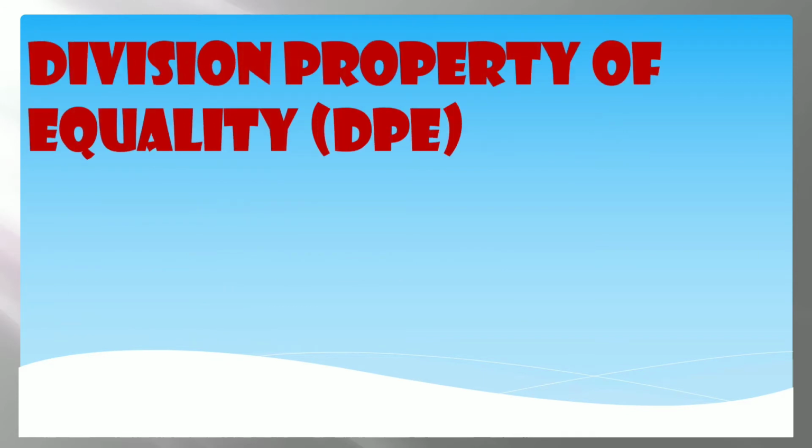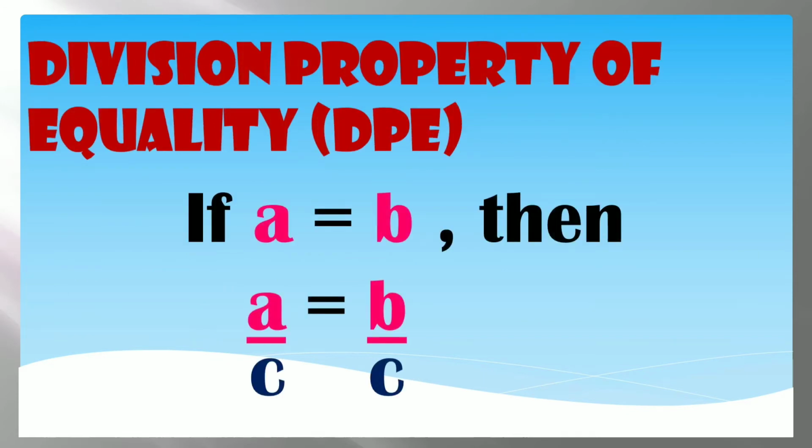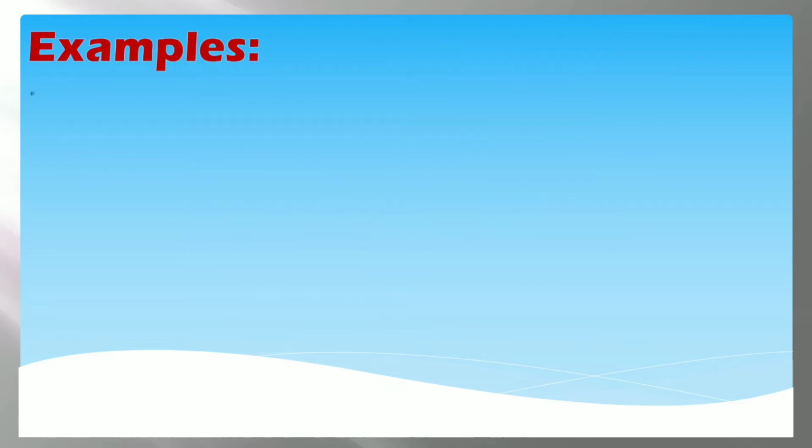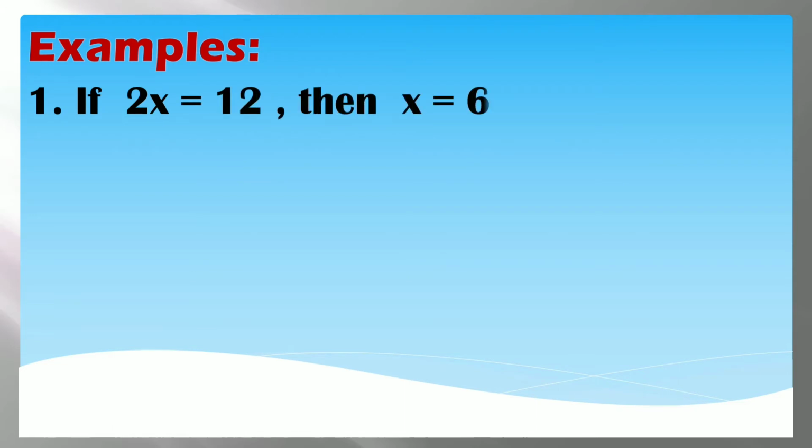Division property of equality, DPE. If A equals B, then A over C is equals to B over C. Dito naman, sa division property of equality, magdi-divide lang tayo both sides. Examples. If 2x equals 12, then x equals 6. Paano siya naging x equals 6? Nag-divide tayo ng 2 both sides.